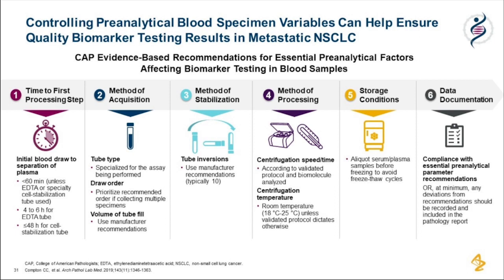The method of acquisition, the tube type, the draw order, the volume, methods of stabilization through tube inversion, method of processing, centrifugation speed, time, centrifugation temperature, storage conditions, and then of course, data documentation. Failures anywhere along the way here are not going to benefit the patient or the patient's results. And so just like with tissue, where we always have to process appropriately and document appropriately, the same also goes for plasma.